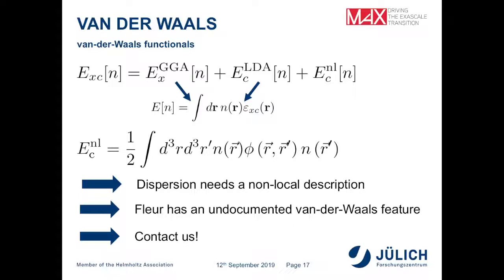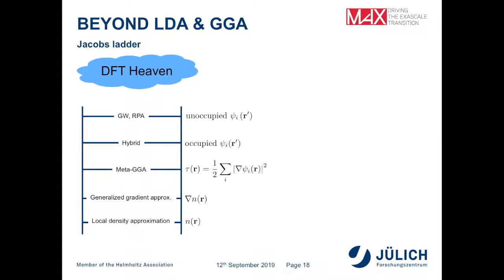So far I've told you about two kinds of functionals. I've shown you the LDA, and if we include the gradient, we get the GGAs. And in order to further improve it, there's a number of methods, and Perdew arranged them in this ladder to DFT heaven.